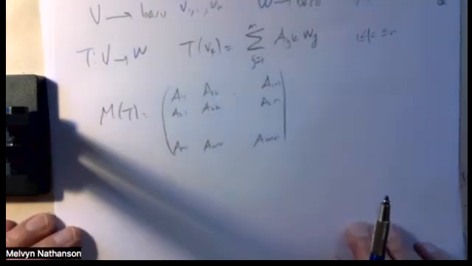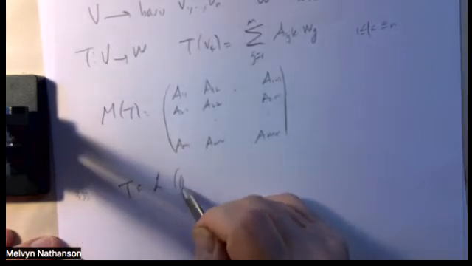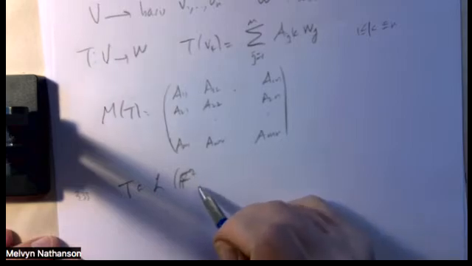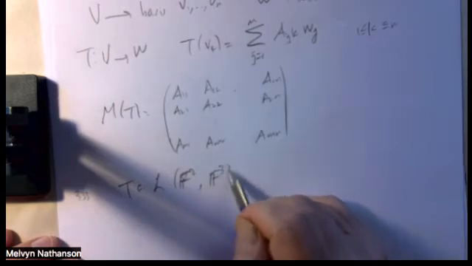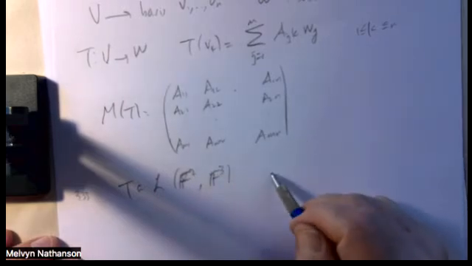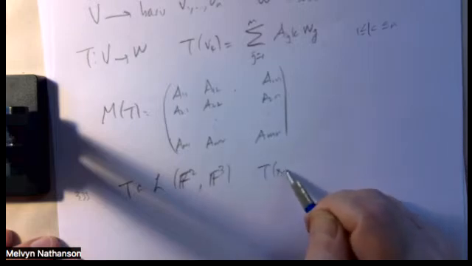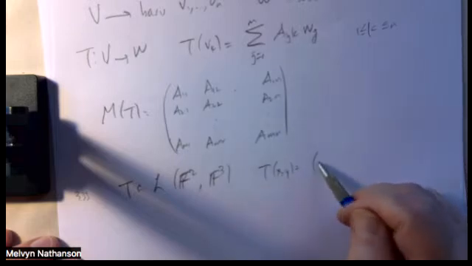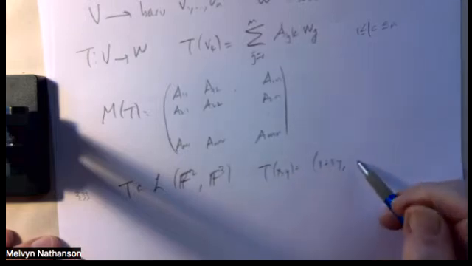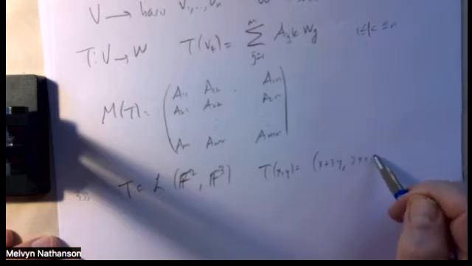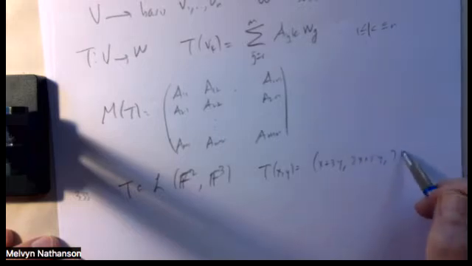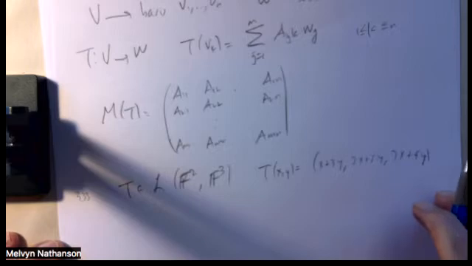an example. So this is the first example in the text. This is in section 3.3. We have a map T, a linear map from a two-dimensional space to a three-dimensional space, defined by T of the vector (x, y) is (x plus 3y, 2x plus 5y, 7x plus 9y).